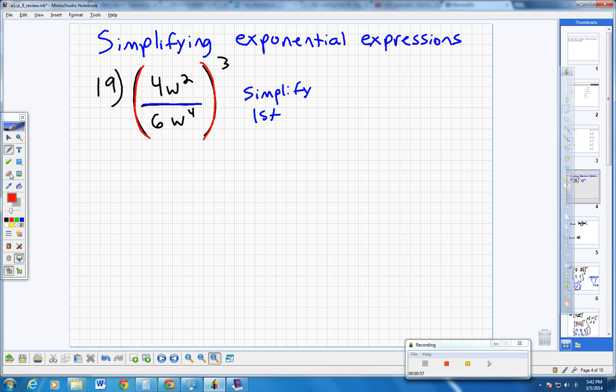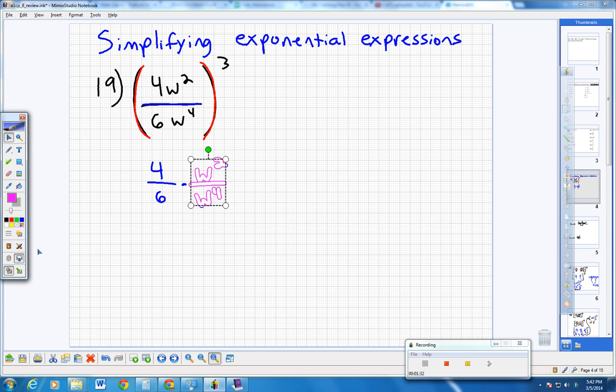So simplify first. In order to simplify what's inside, I'm going to work down here. I know that I can rewrite 4/6, and I really have two components: the numbers, and then the variables, w squared over w to the fourth.